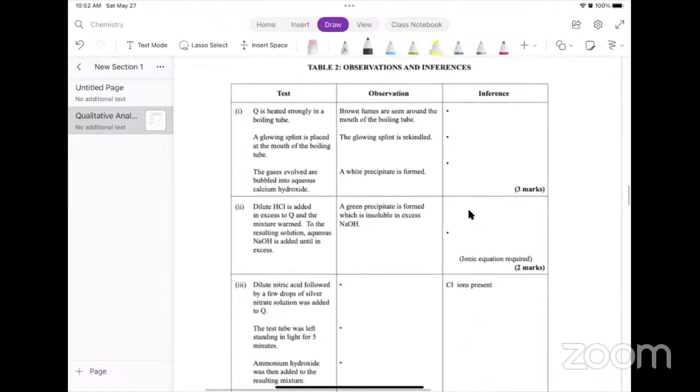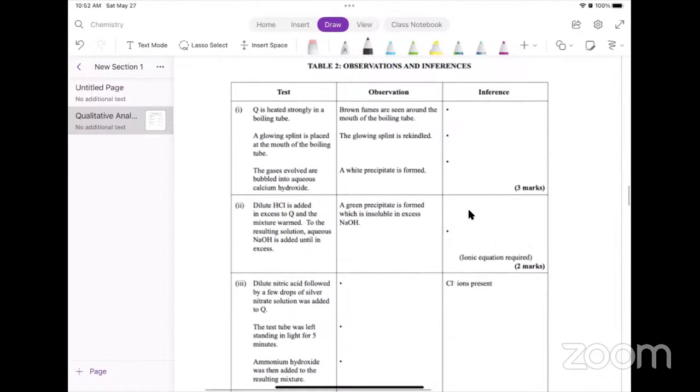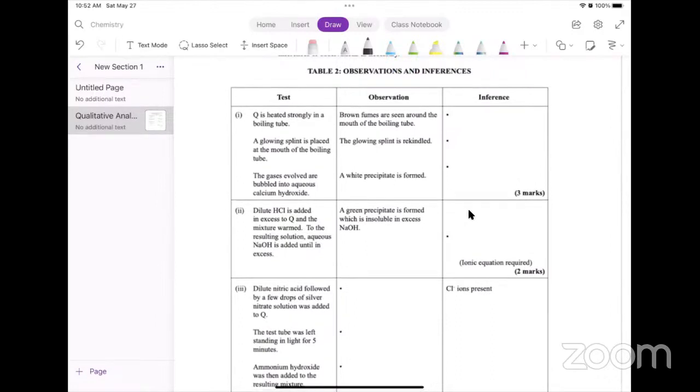So it says that Q is heated strongly in a boiling tube. Brown fumes are seen around the mouth of the boiling tube. Now, brown fumes, that's just on heat. So this is where we have to be careful.